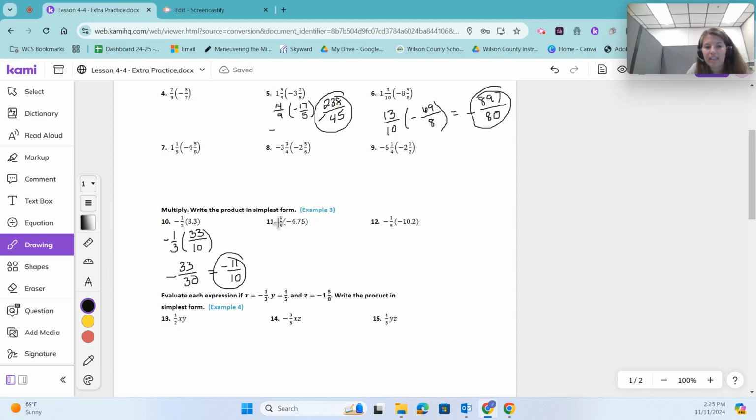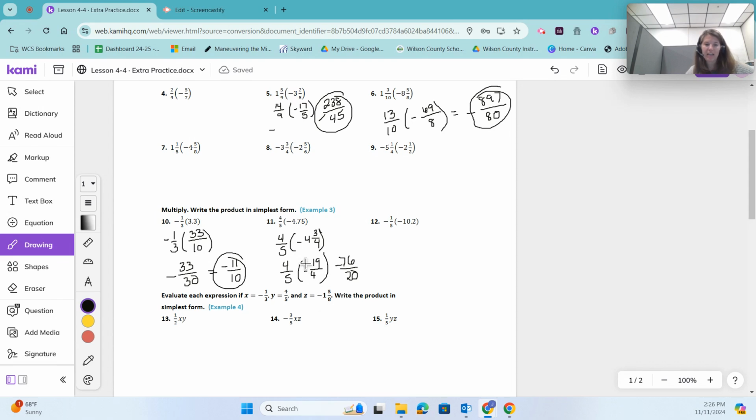Same thing here. We have 4/5 times negative 4 3/4. Okay, turn that into an improper fraction. 4 times 4 is 16, plus 3 is 19. So I have 4/5 times negative 19/4. 4 times 19 is 76. 5 times 4 is 20.